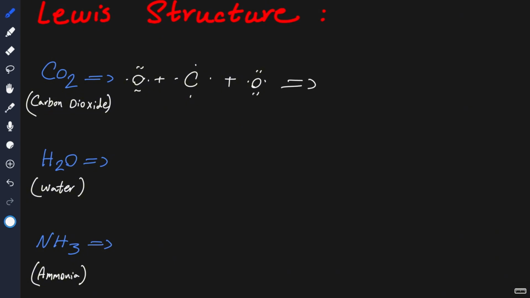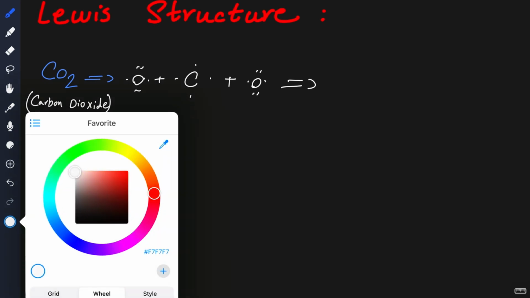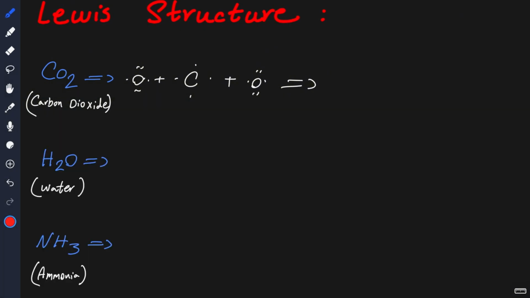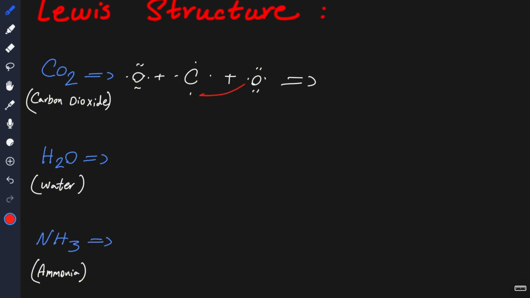So carbon makes 2 double bonds: 1 electron and 1 electron make 1 double bond, and 1 electron and 1 electron, another double bond.